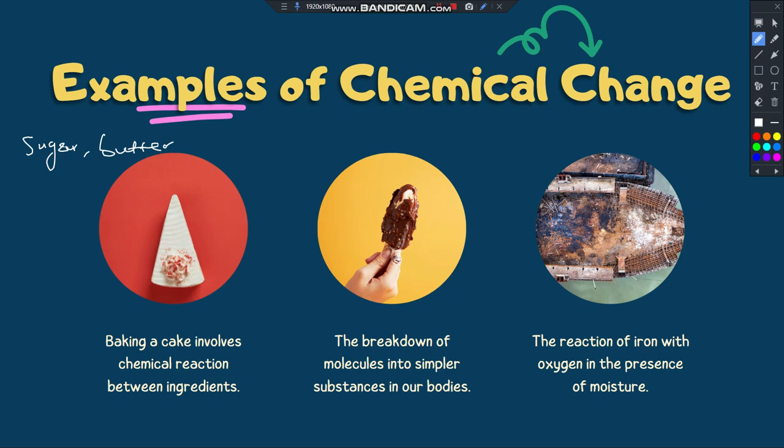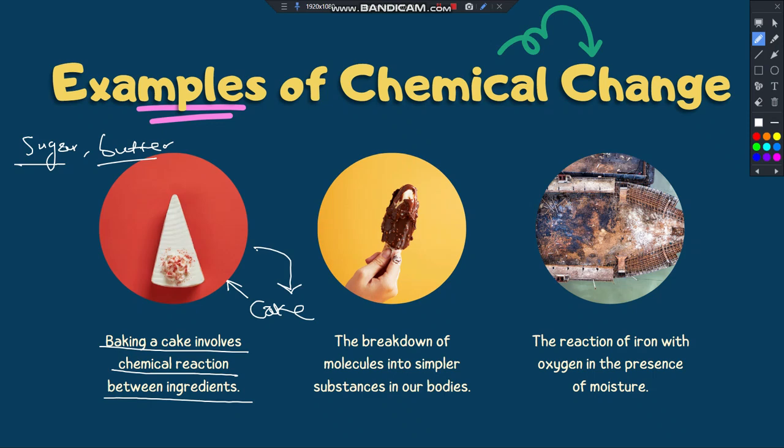When you combine everything together and you go through the process of baking, you end up with an entirely new substance called a cake. Baking a cake involves a chemical reaction that occurs between ingredients. You have your sugar, your butter, your flour, and so many things being combined together to form something new called a cake. A new substance is formed.